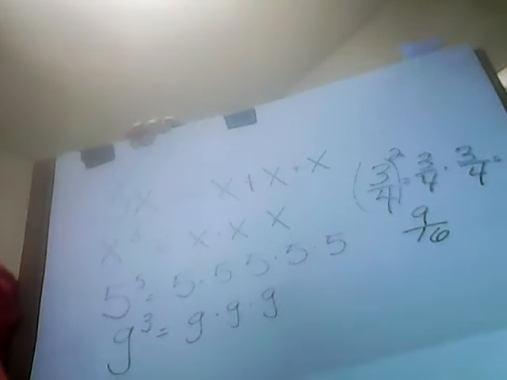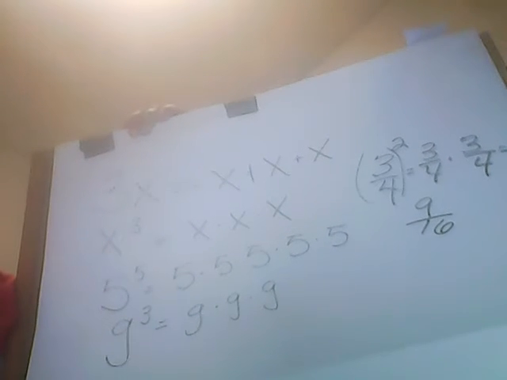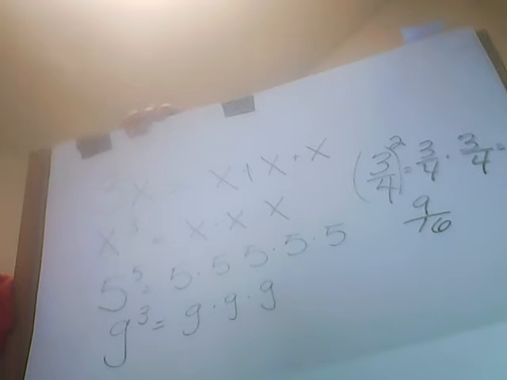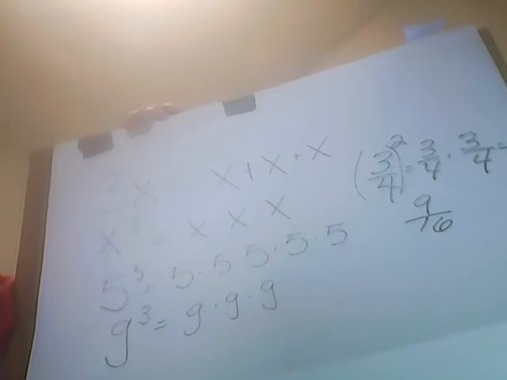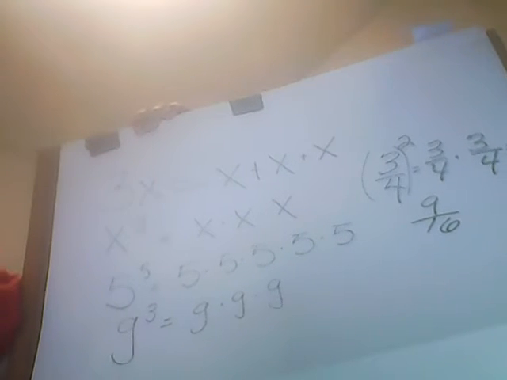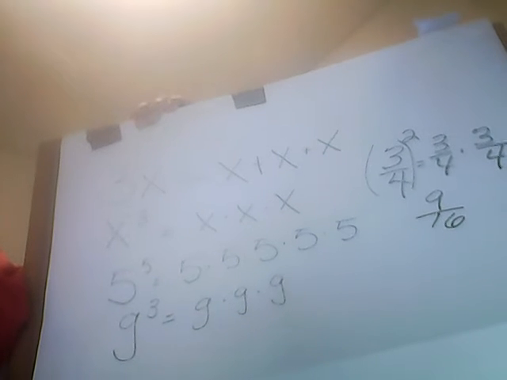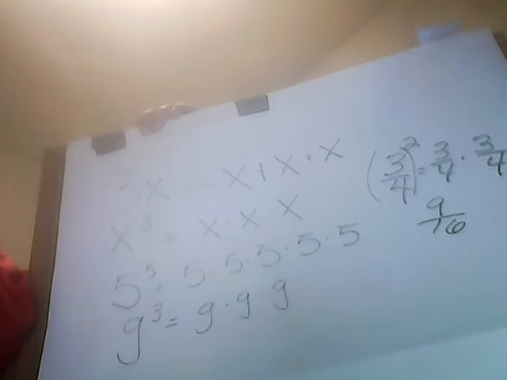Speaking of the order of operations, we also sometimes see a combination of more than one operation, multiplication, addition, subtraction, all in one equation or expression. Addition, we know, means to count on, and subtraction is counting back.